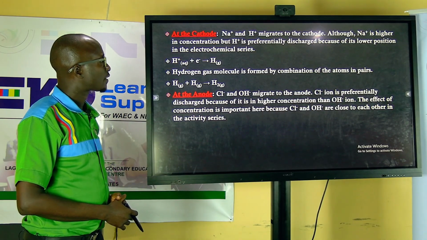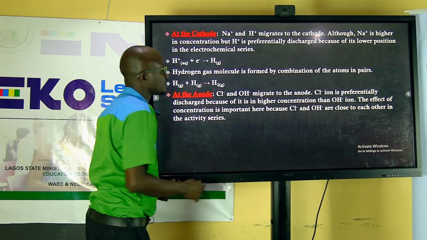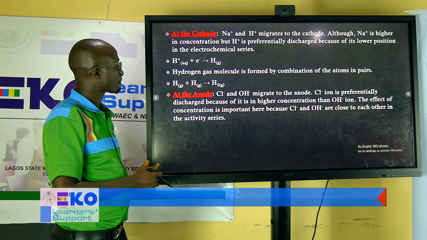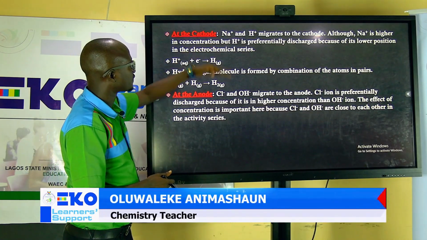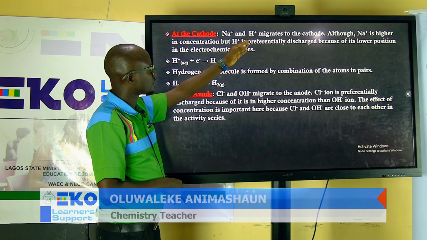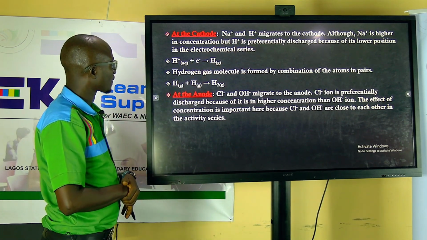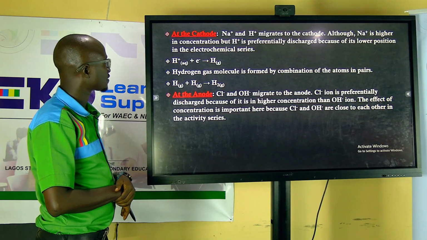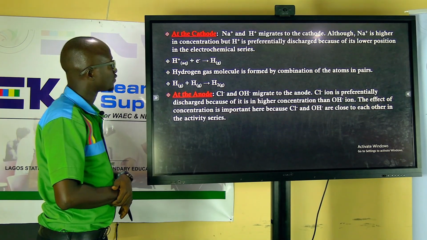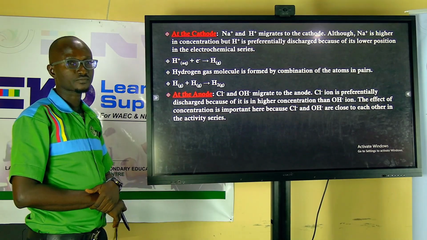If you look at our electrochemical series, the distance between sodium and hydrogen is far. So sodium is very, very electropositive, while hydrogen is not as electropositive as sodium. Hence, that is the reason why hydrogen is going to be discharged at the cathode, despite the concentration.